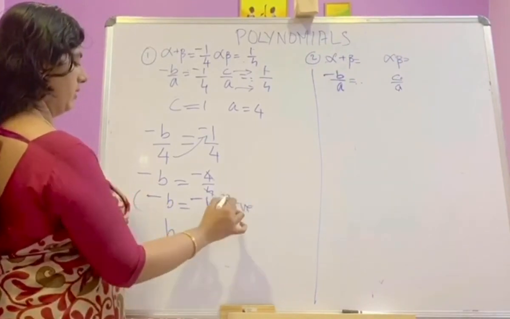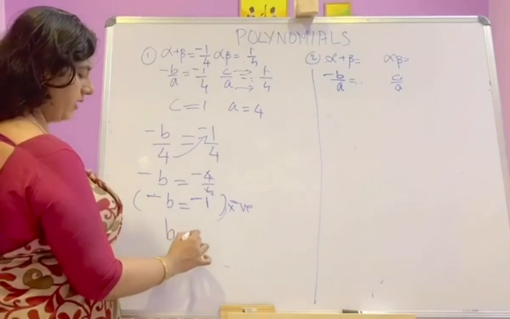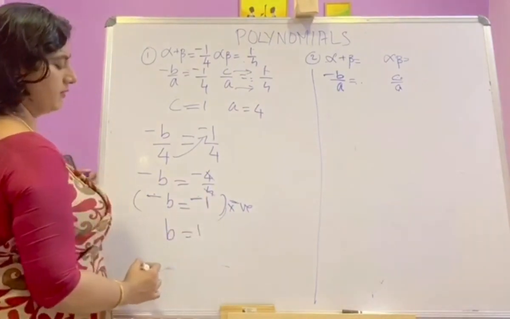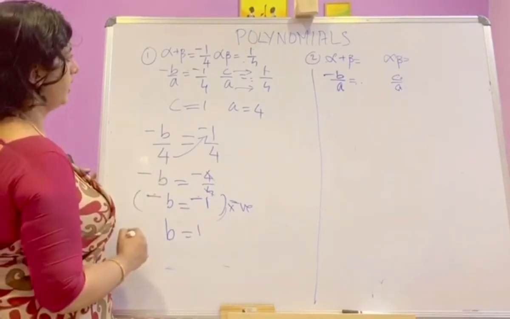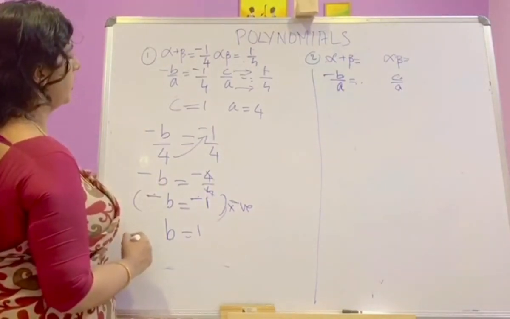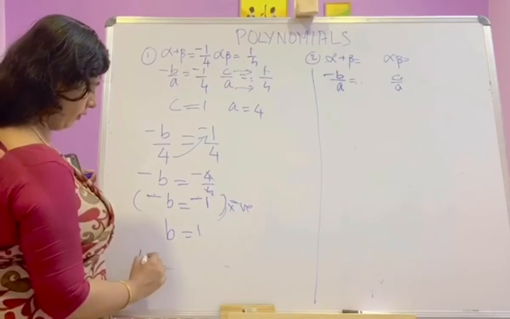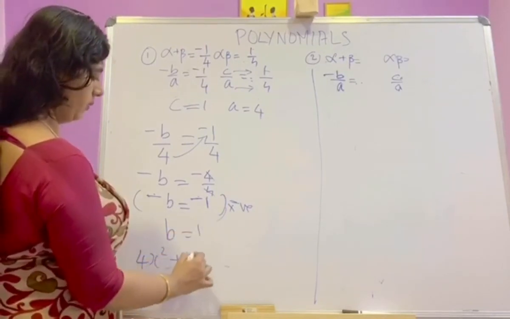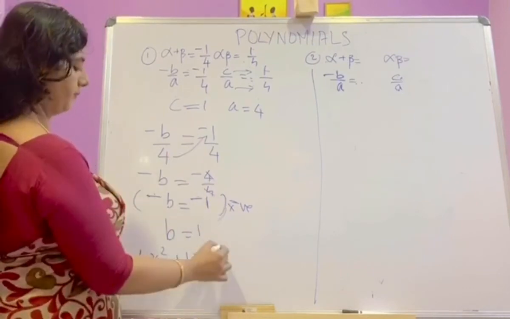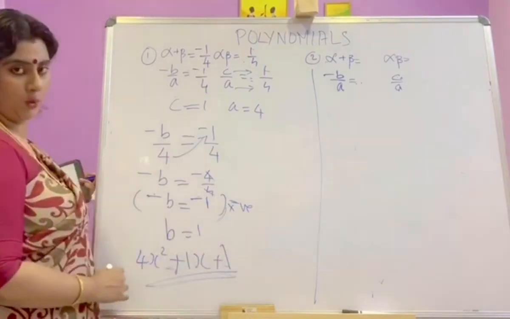This becomes positive and this is also positive. That is negative into negative 1, positive 1. Now writing in the form of quadratic polynomial, that is ax square, 4x square plus bx, b is 1, 1x plus c, 1. This is the polynomial.